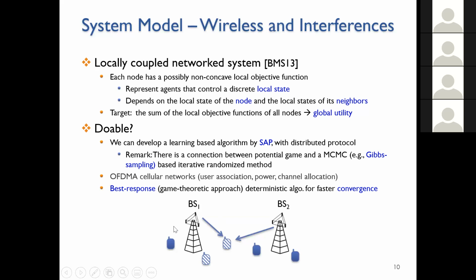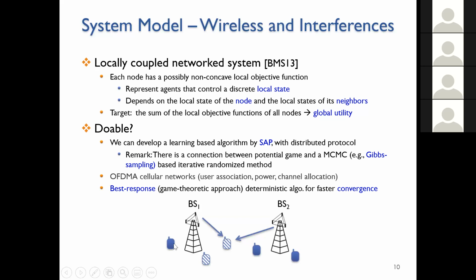Here we can consider using a learning-based algorithm, SAP, which in the literature stands for spatial adaptive play, in potential games, a game theoretical approach. What does spatial adaptive play mean? If you consider this as a node, we have 5 here as a graph on a map. It's a space.